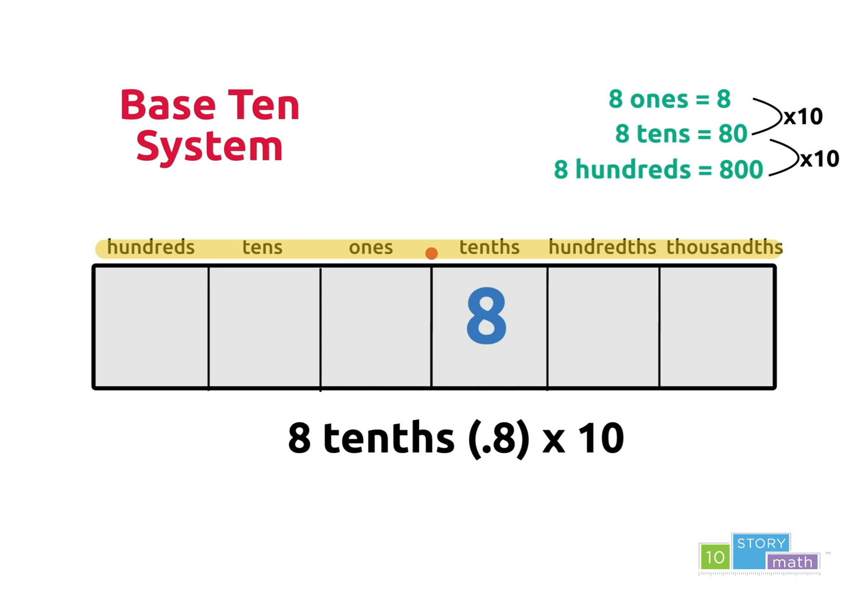What we need to do when we multiply by 10 is to pick up the digit on the place value chart and shift it one place to the left. 8 tenths, or 0.8, times 10 equals 8 ones. Notice we don't even need to include any zeros in the answer.